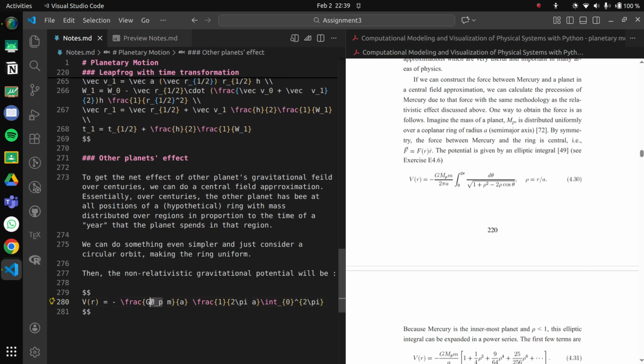You know what, I'm just going to remove most of it. So m by 2 pi is basically the density, and then you're implicitly multiplying by the density at the end, and I just want the arc length. So then d theta is the arc length, right? Like r d theta, but sure.